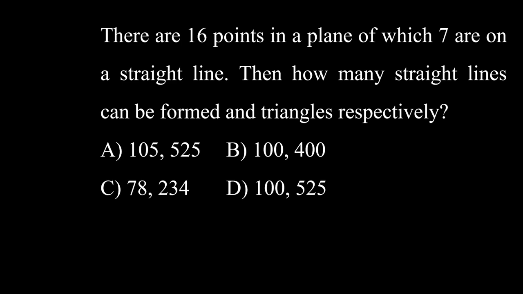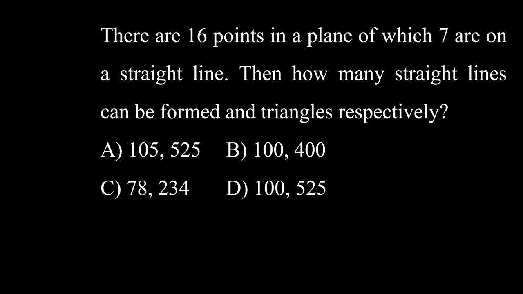So, what's your answer? 16, 7 are collinear, on a straight line. Right, so the first one is 16C2 minus 7C2. 16C2 is 16 into 15 divided by 2, which is 8 into 15, 120, minus 7C2.